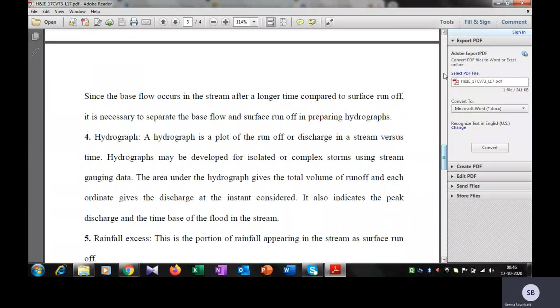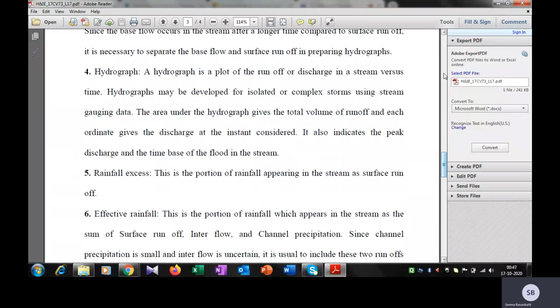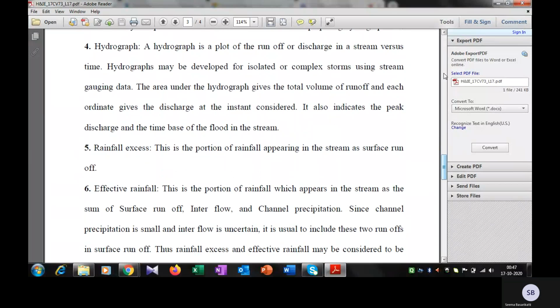The area under the hydrograph gives the total volume of runoff and each ordinate gives the discharge at the instant considered. It also indicates the peak discharge and the time base of the flood in the stream.